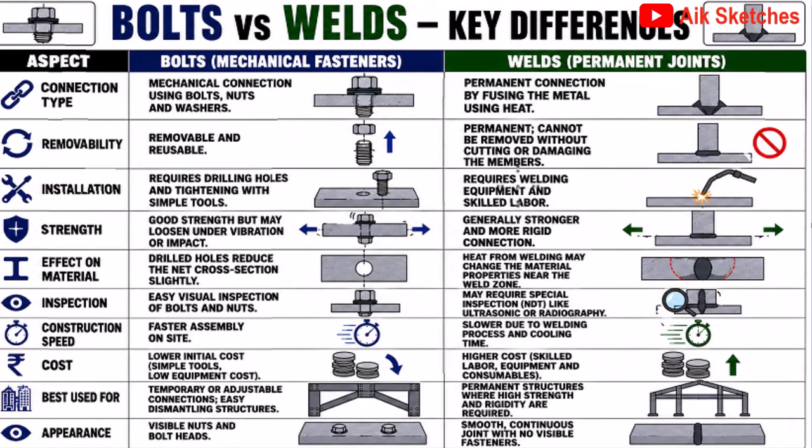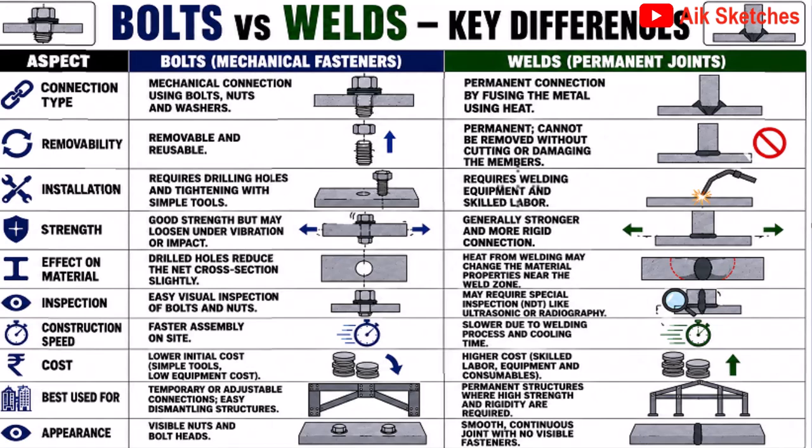So let's look at the construction speed between bolted joints and the welded joints. For connections that are going to be done using bolts, it's faster to assemble on site.